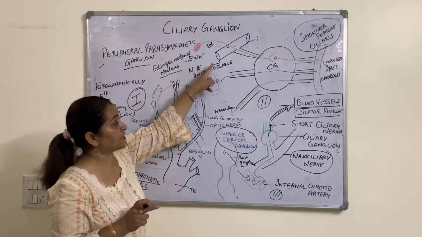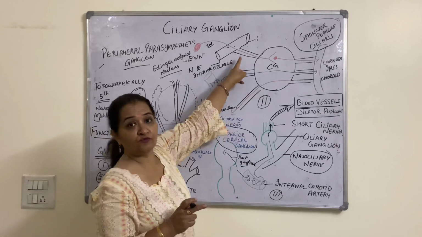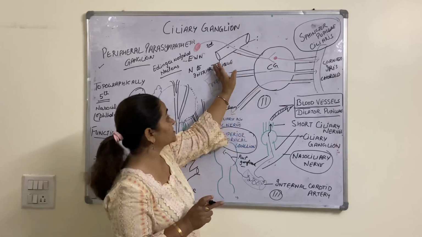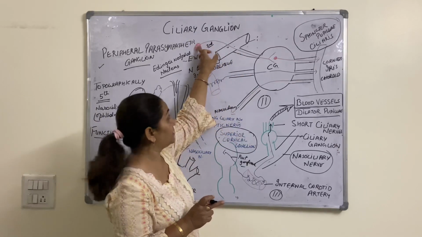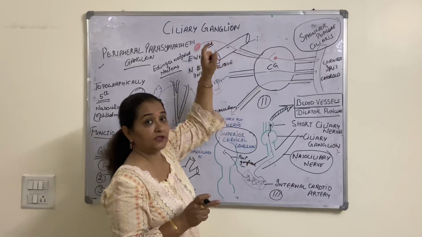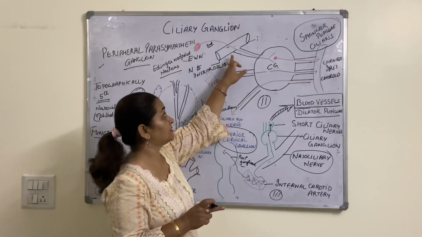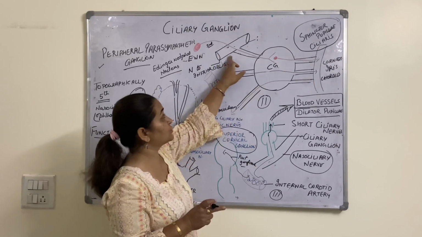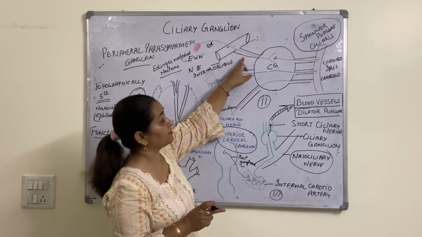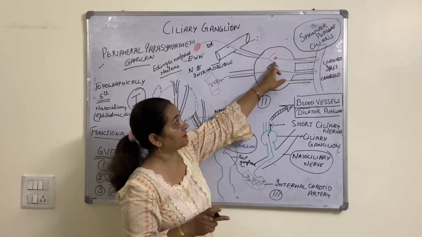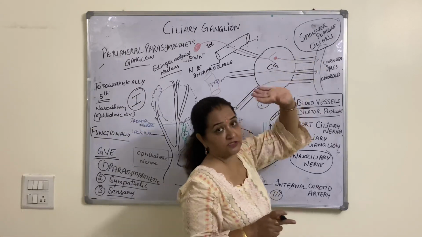The fibers run along with the third nerve and pass to the inferior branch of the third nerve. Then the nerve fibers going to the inferior oblique carry the parasympathetic fibers. They are relayed and they supply these two muscles.